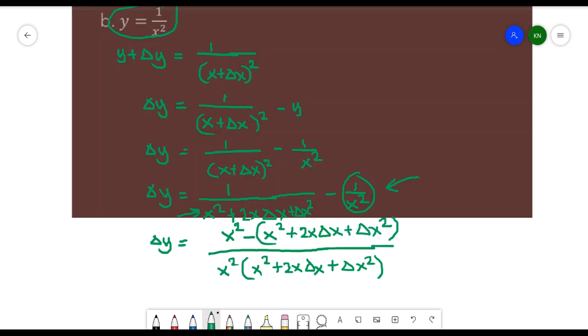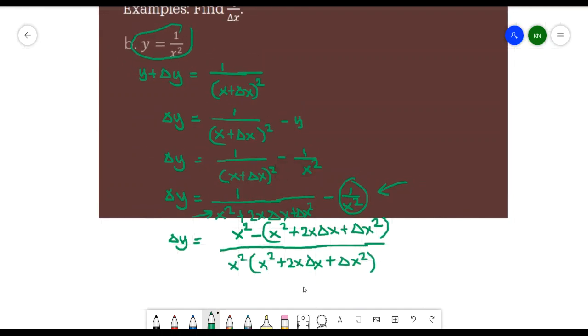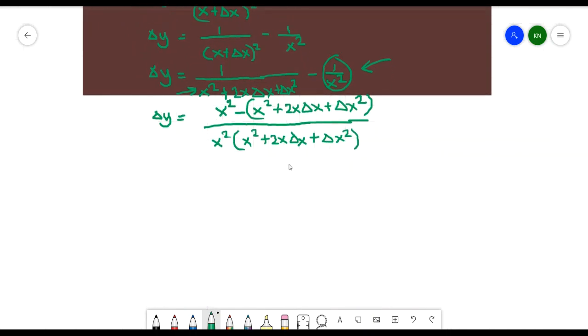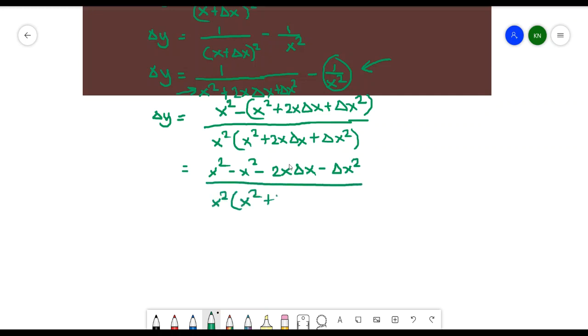So simplifying this one, we have x squared minus x squared minus 2x delta x minus delta x squared all over x squared times x squared plus 2x delta x plus delta x squared.